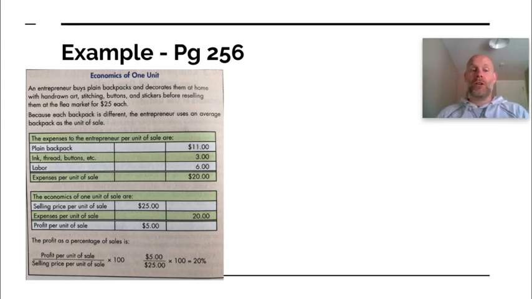Not bad, not good, but really these things are only meaningful when they're compared to other things that are similar. So if there's a whole industry of people decorating backpacks, then you can compare the profit margins across the board.